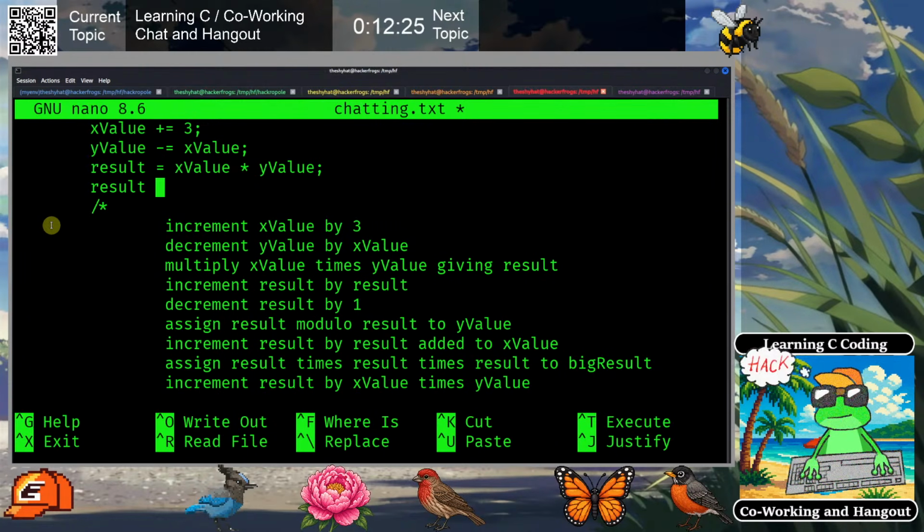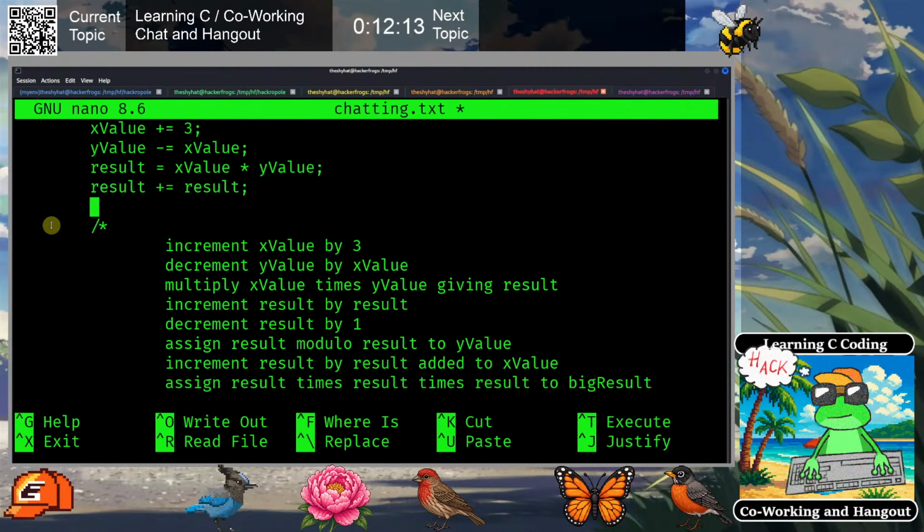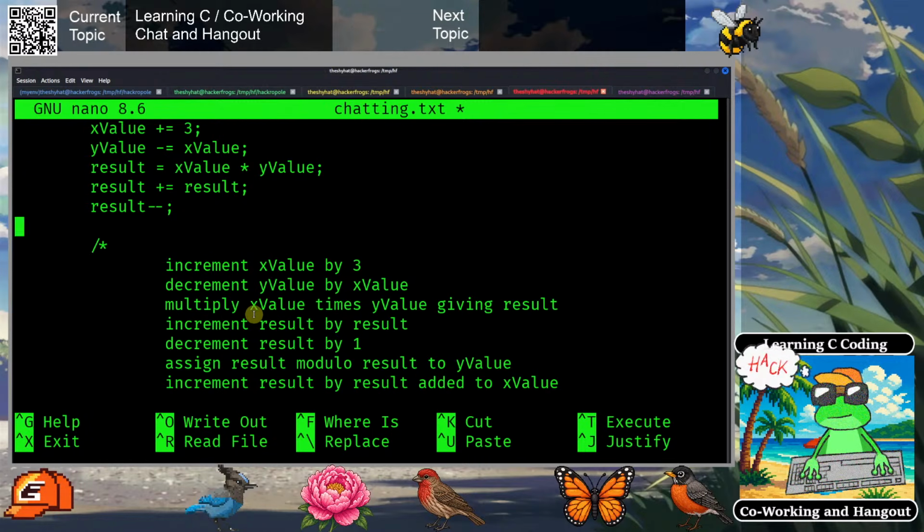Result plus equals result. Okay, and next decrement result by 1. Result minus minus.